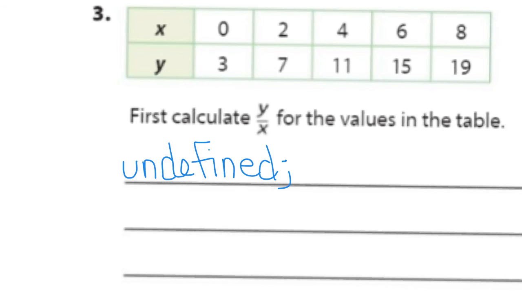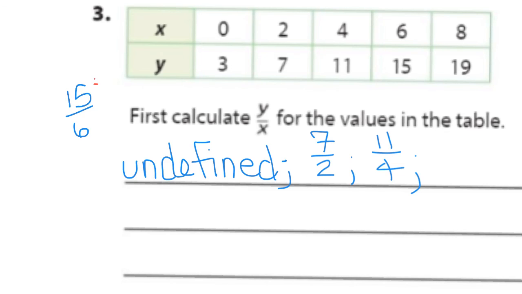7 divided by 2, I'm just going to leave that as an improper fraction. 11 divided by 4, I'm going to leave that one as an improper fraction. 15 divided by 6.